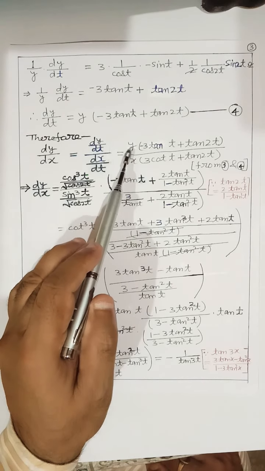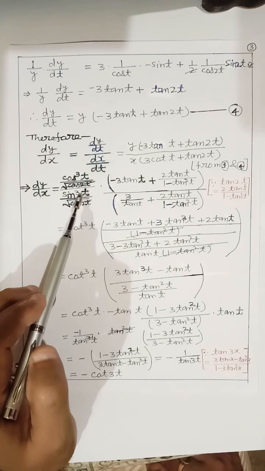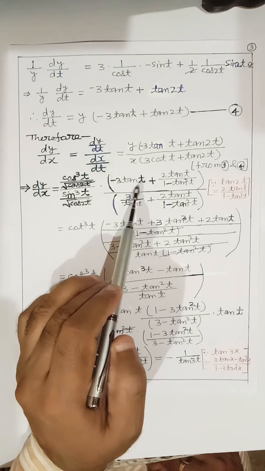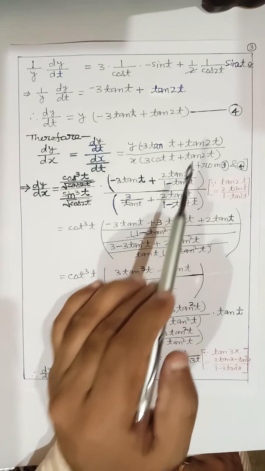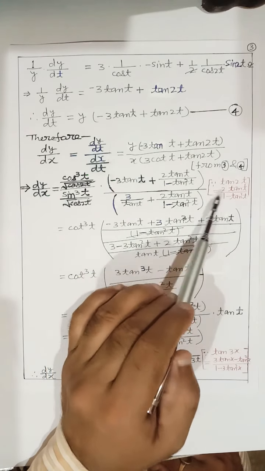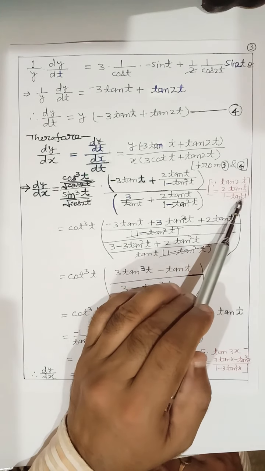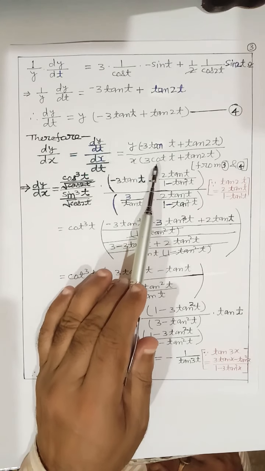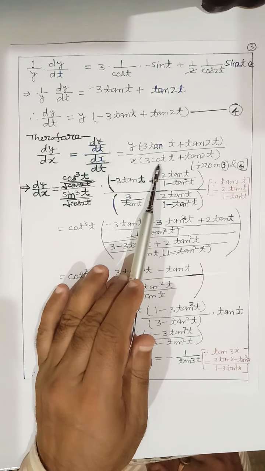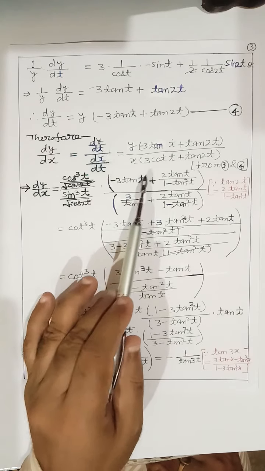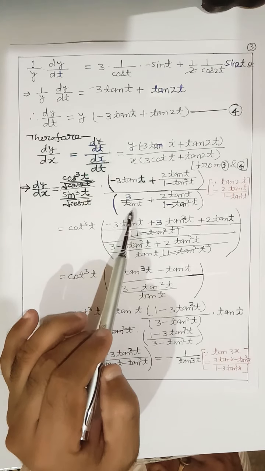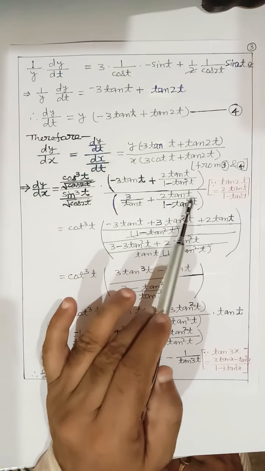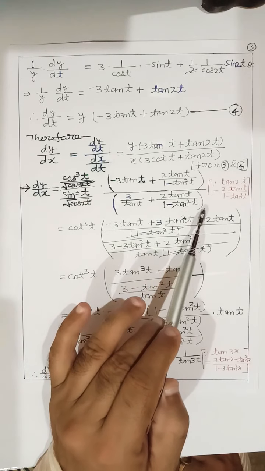So putting the value of y by x here we get this, and again into (minus 3 tan t plus tan 2t). Already we know tan 2t equal to 2 tan t by (1 minus tan square t). Putting here cot t, cot can be written as 1 by tan t. So 3 cot t can be written 3 by tan t plus again tan 2t, 2 tan t by (1 minus tan square t).